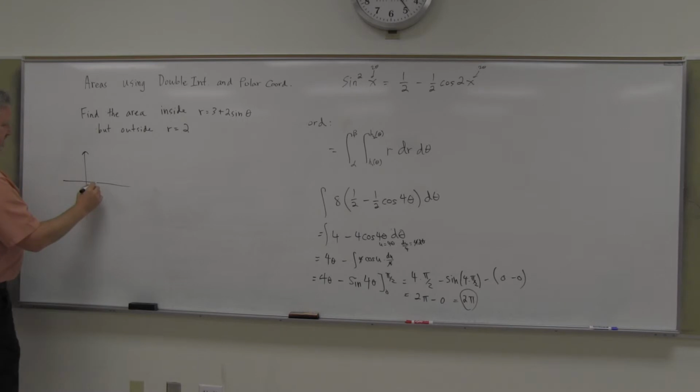So r equals 2 is a pretty easy one, just a radius 2 circle. Then the r equals 3 plus 2 sine theta, that was a cardioid shape, if you recall us using that phrase, but I think it's vaguely something like that.